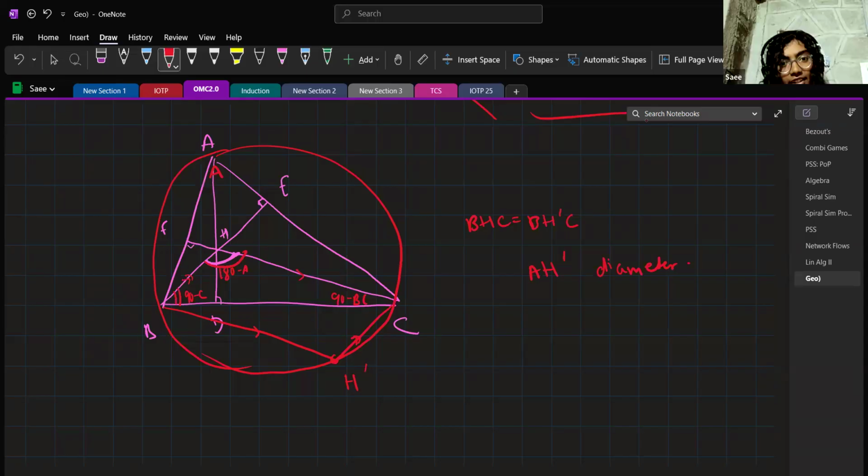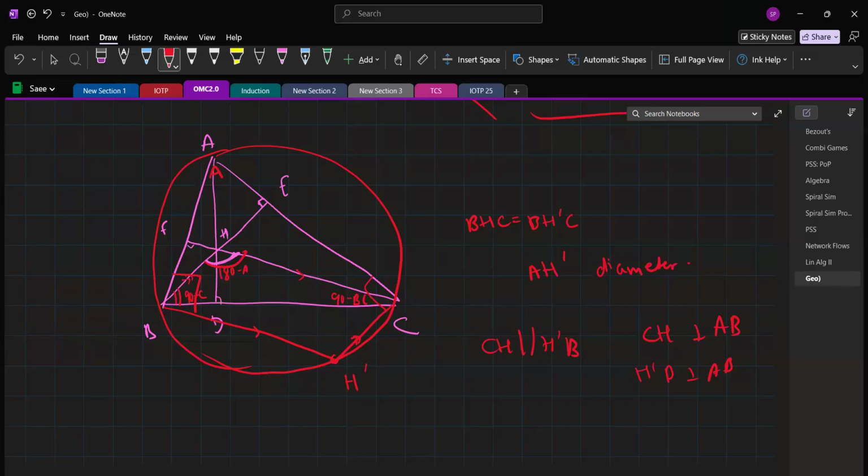Also, CH is parallel to H'B, and CH is perpendicular to AB. So H'B must also be perpendicular to AB. So that tells you that this angle is 90, and similarly this angle has to be 90. So H' is in fact the antipode, or diametrically opposite to A.